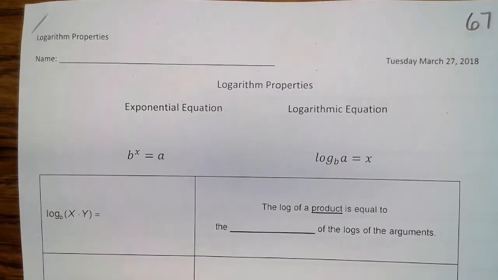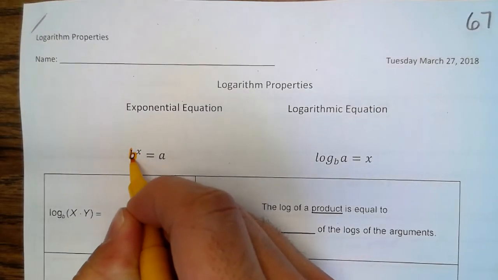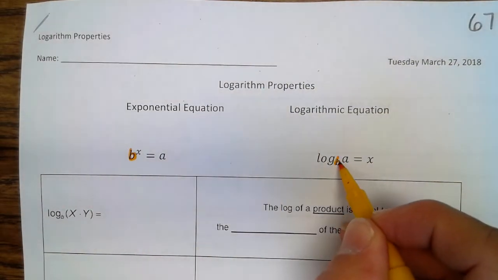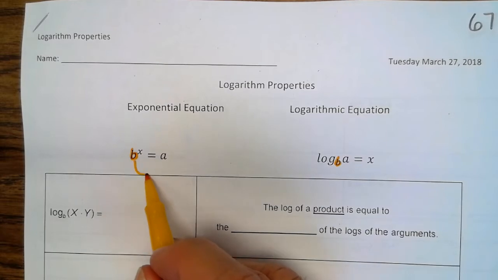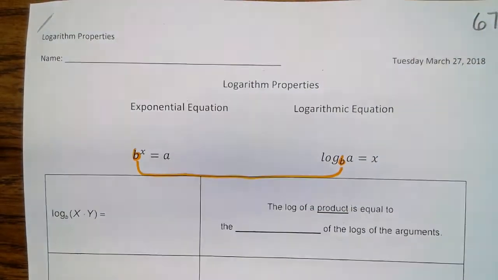All right, so on page 67, Logarithmic Properties. So to go from exponential to logarithmic, let's look at the individual variables themselves. So the b in exponential is here in the logarithmic equation.